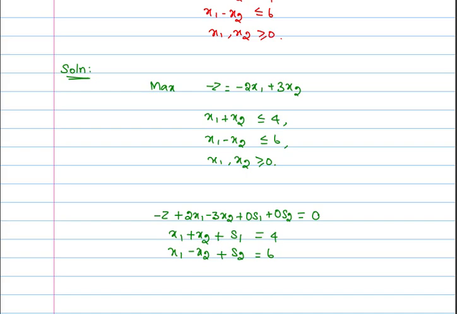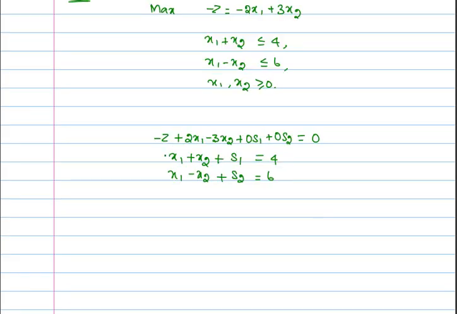Now, the constraints have only 2 equations but 4 unknowns. So 2 of them will be the basic variables.